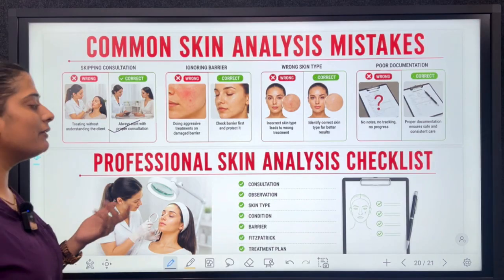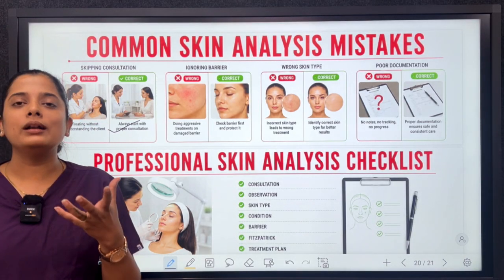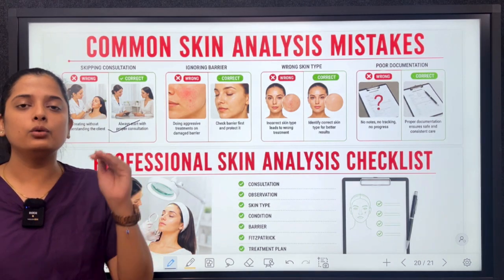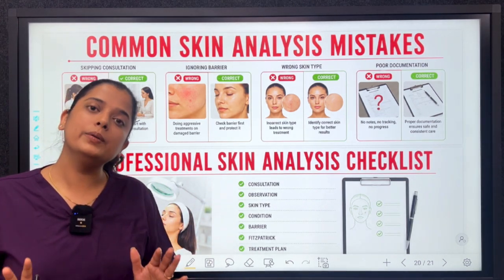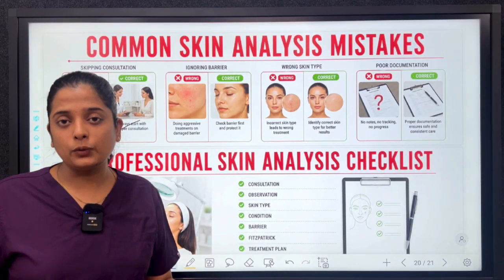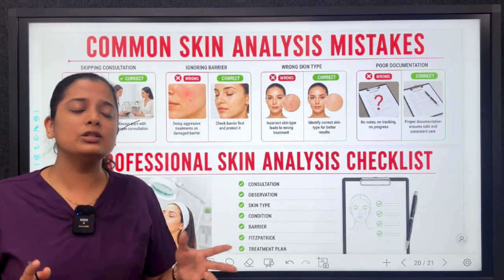Okay. Now, when we are talking about a checklist, there is not any kind of checklist that goes 1, 2, 3, 4, no. But yes, there are certain pointers that you always need to keep in mind and follow, no matter what kind of male or female problem is walking inside.